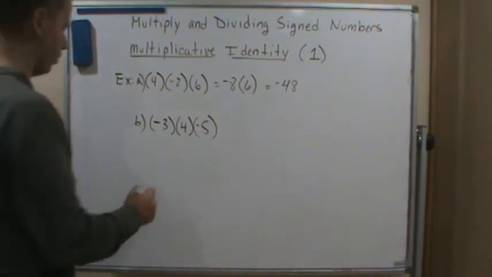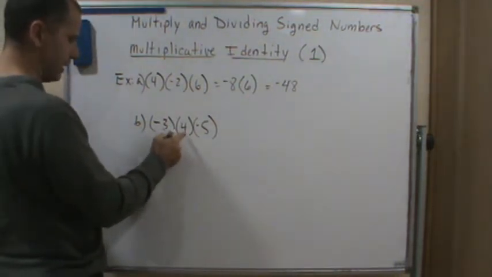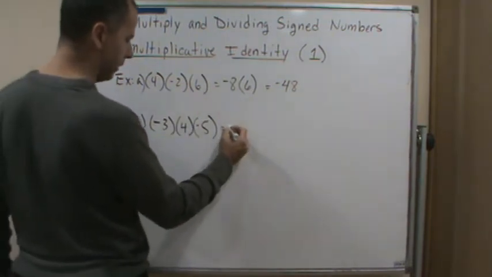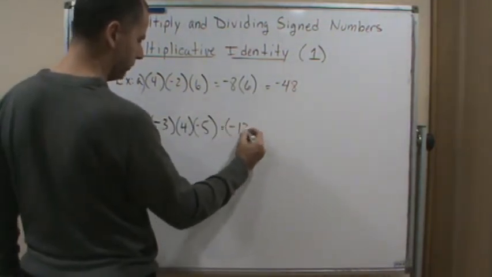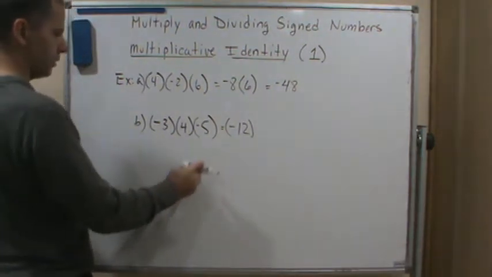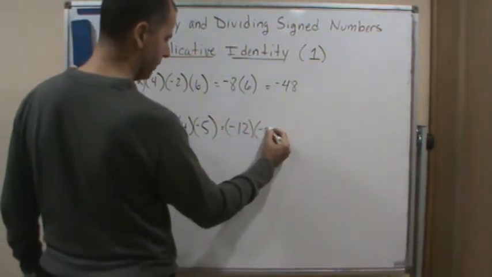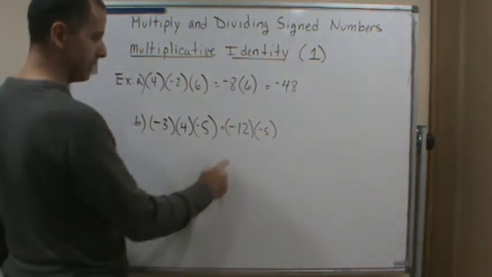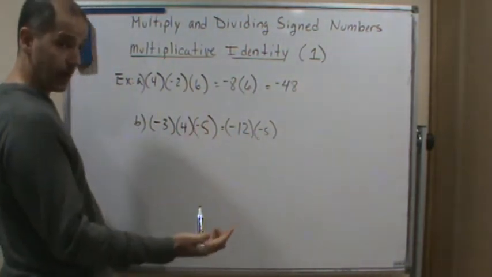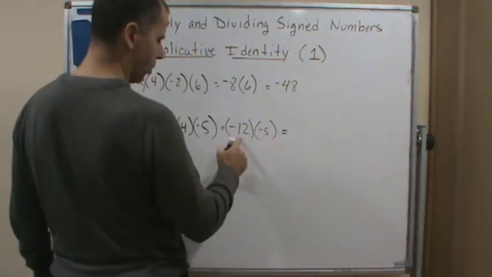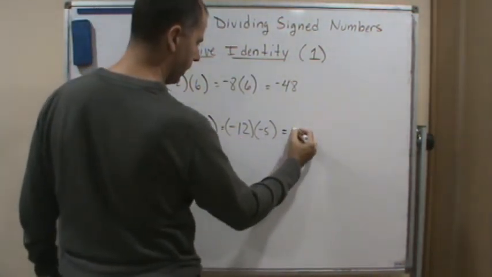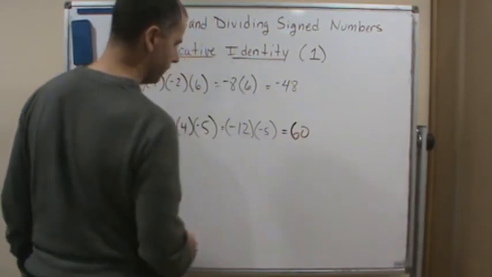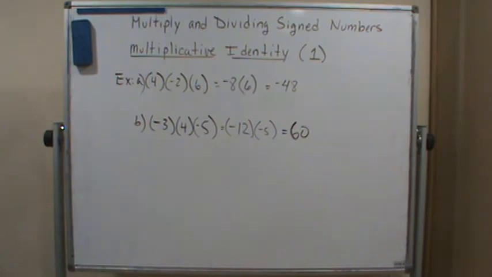So we do these two: 3 times 4 is 12, but since they have opposite signs, it has to be negative, so it's going to be negative 12. And then we do negative 12 times negative 5. Now we have 12 times 5, which is 60, but since they have the same sign, a negative times a negative is positive. So we get a positive 60.